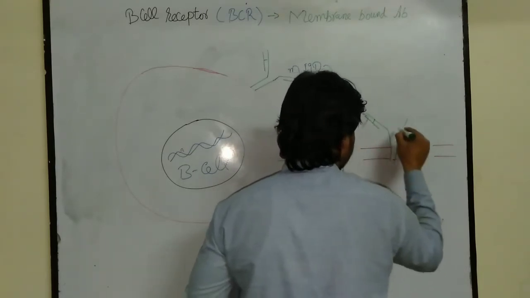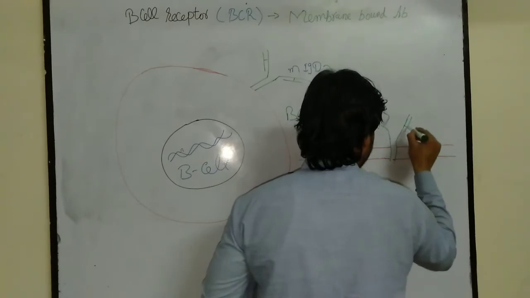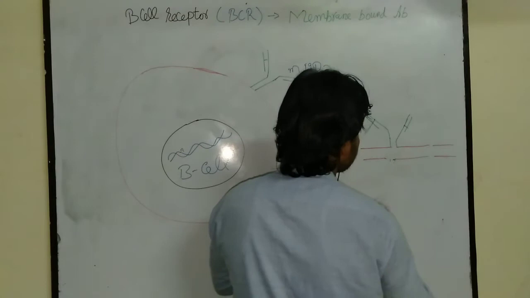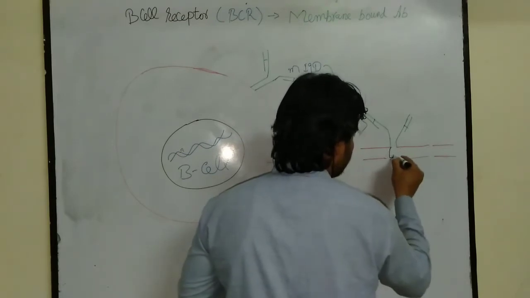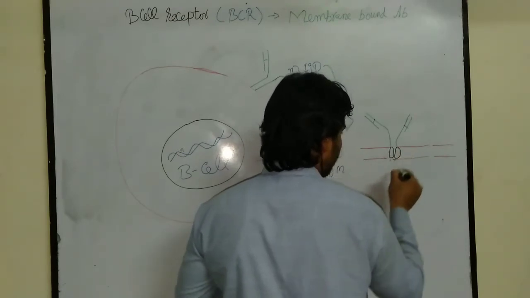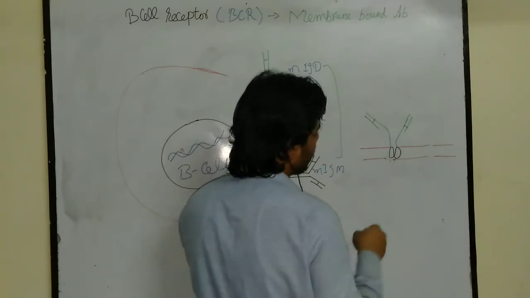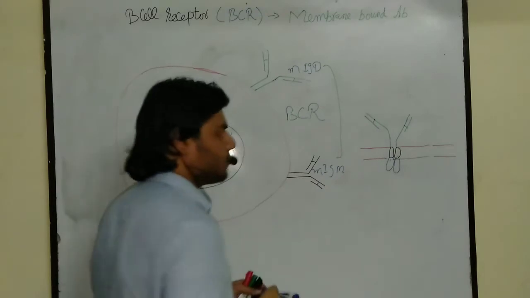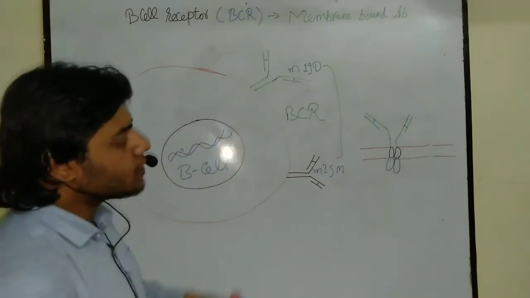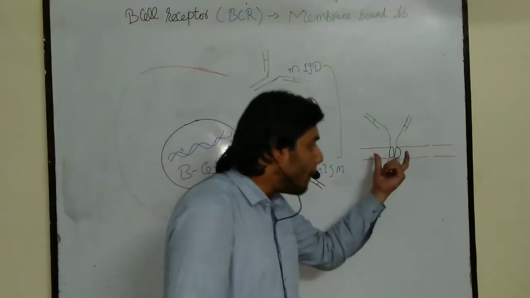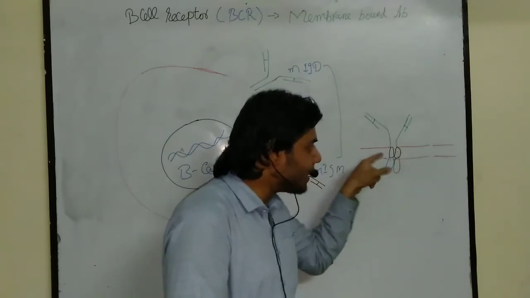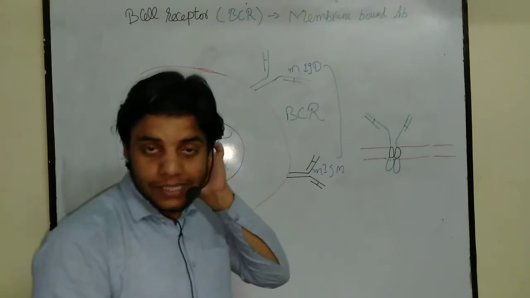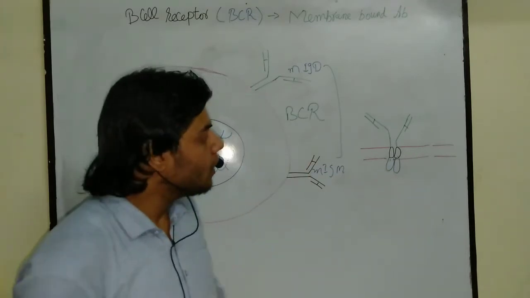It has a transmembrane domain, the black part, and a cytoplasmic domain, this blue one. The transmembrane domain holds the B cell receptor in the membrane, and the cytoplasmic domain holds the B cell receptor in the cytoplasm area.